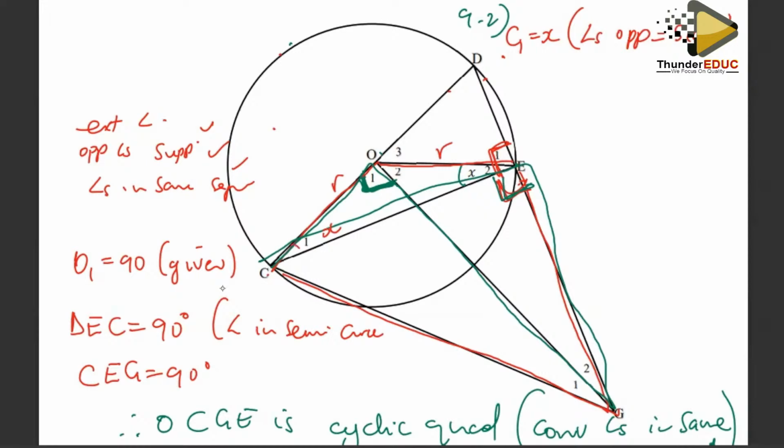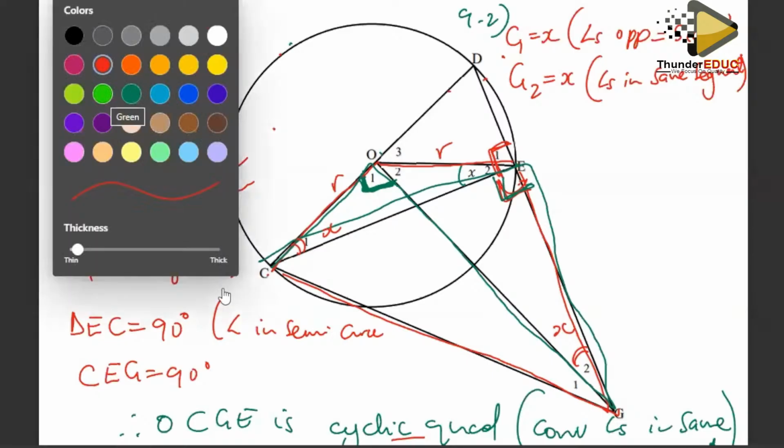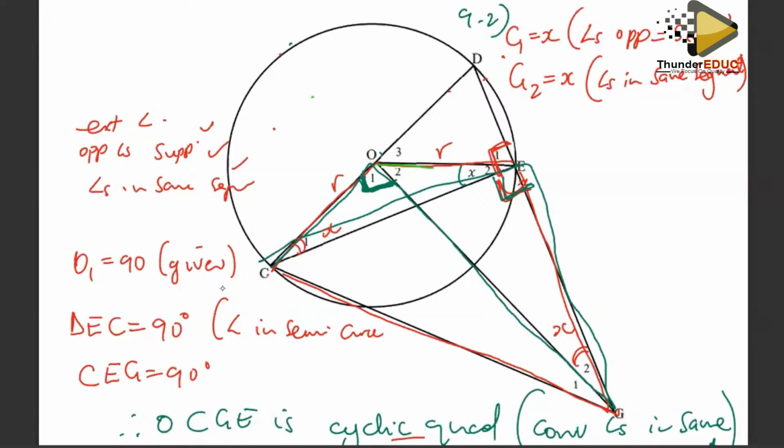Okay, so if C1 is x, remember we've just proved that this is a cyclic quad. So meaning that the bow tie will still hold, meaning that this G2 is also going to be x. Angles in the same segment, or angles subtended by the same chord. Okay, if this is x, then we could also observe another x, another bow tie, just like that.